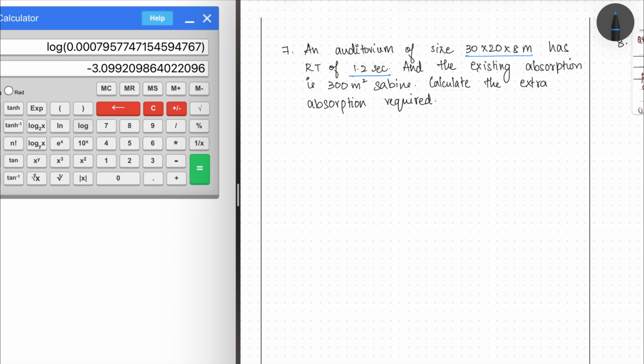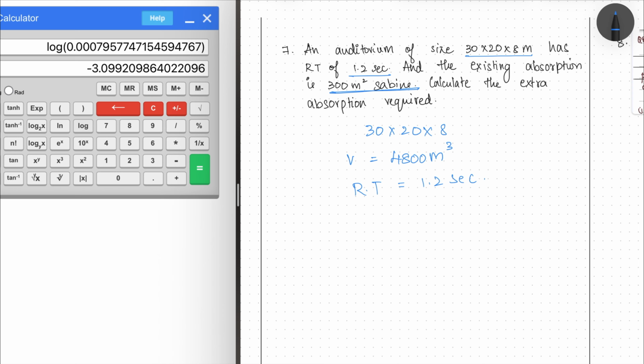So you can find your volume with this, which would be 4800 cubic meter, and they also mentioned your RT to be 1.2 seconds, and the existing absorption is 300 square meter sabine, and they are asking you to find the extra absorption required.